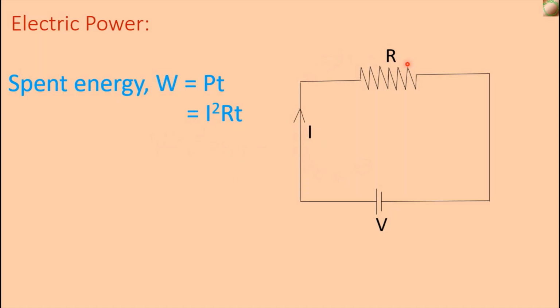If the current is 4 times, the spent energy will be 16 times. If the current is 3 times, then the spent energy will be 9 times. And this is equal to V square divided by R into T. By this equation, we can also determine the spent energy.